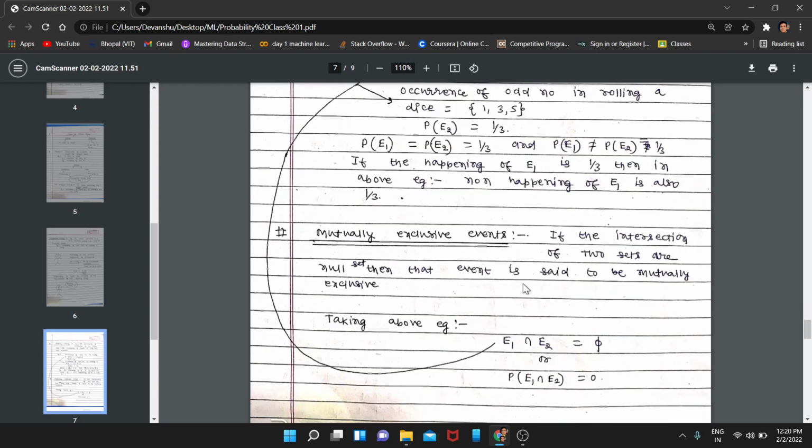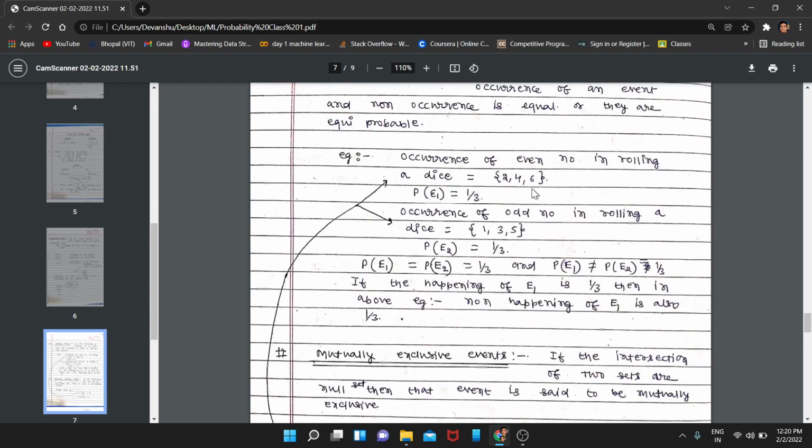What is mutually exclusive? If the intersection of two events is a null set, then those events are said to be mutually exclusive. In these both events, event E1, that is 2, 4 and 6, and event E2, 1, 3 and 5, in both of the events there is no common element.